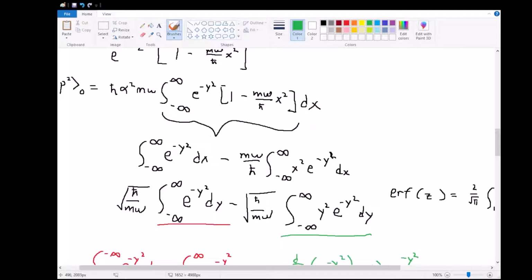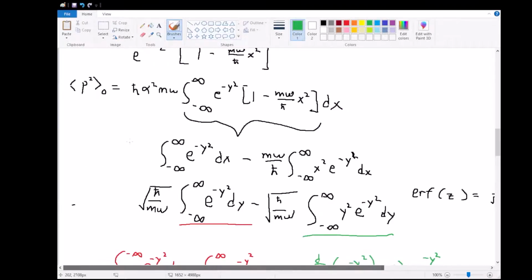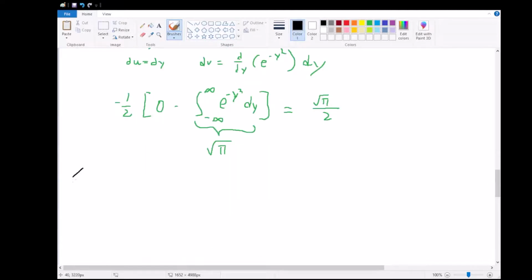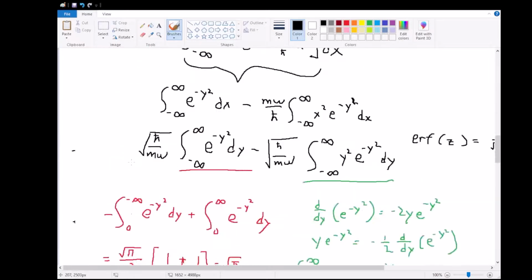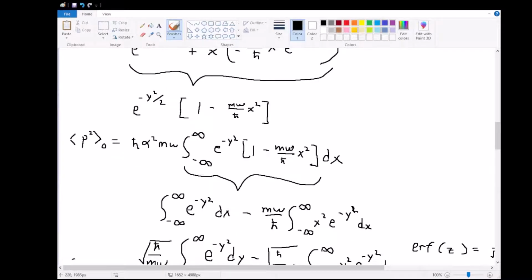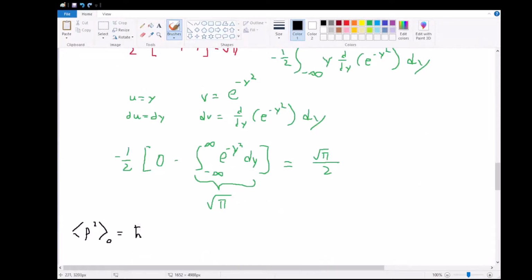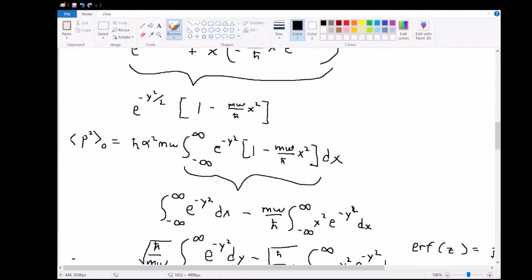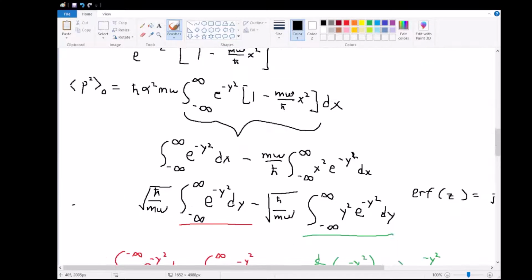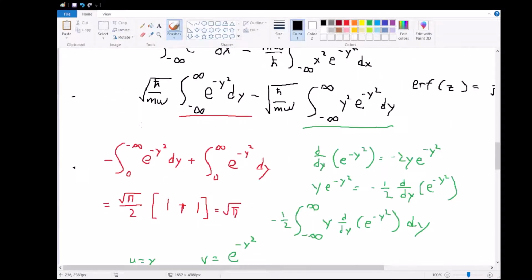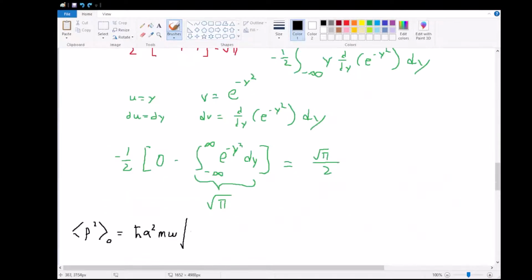We plug everything back in, and we get that the expectation value of p squared in the psi naught state is going to be equal to the same constant we have at the front, which is h bar alpha squared m omega, multiplied by this integral, which we've seen is equal to the square root, because both of these terms have a square root h bar over m omega at the front.